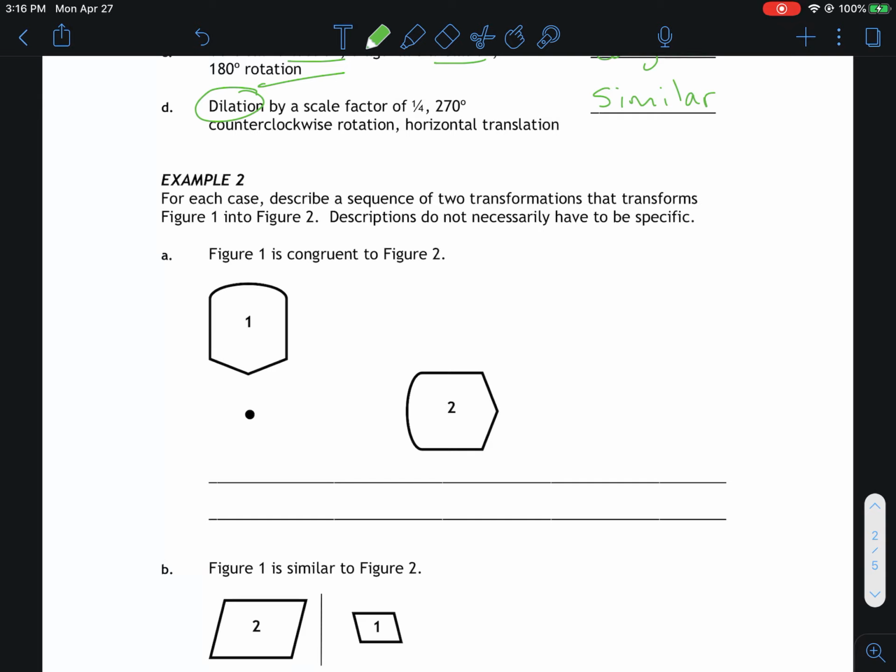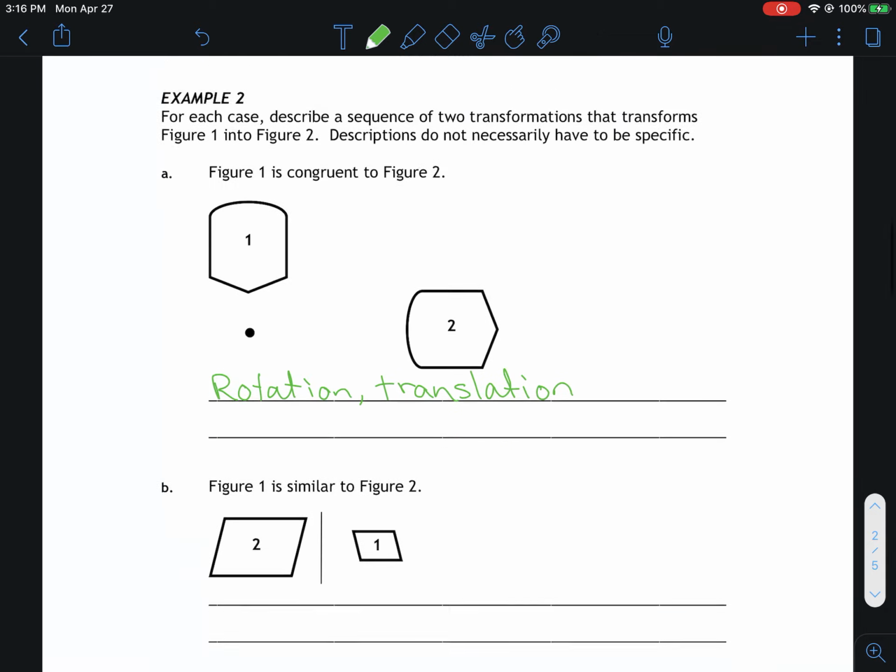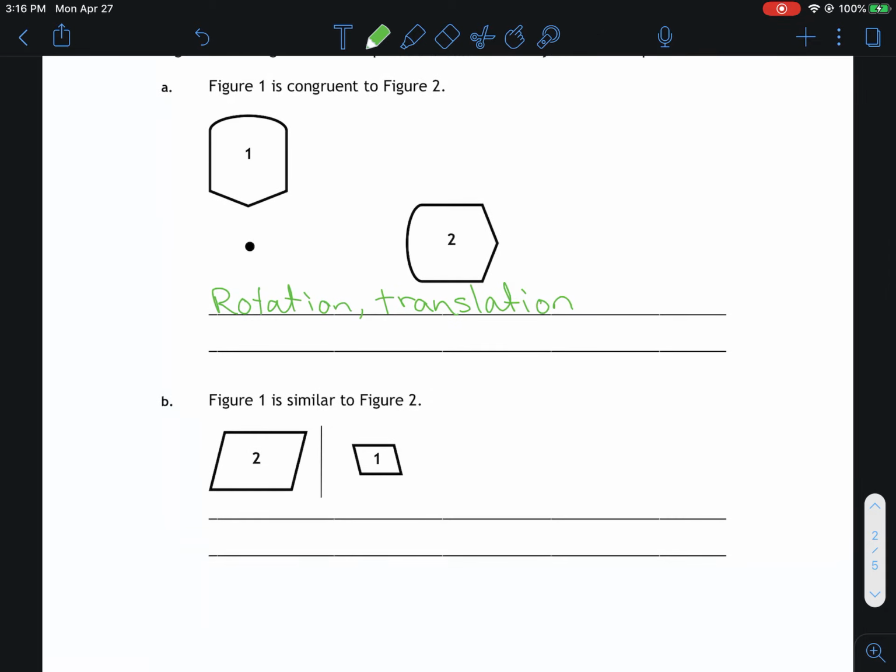All right, so when we're looking here at figure A, or example 2, letter A, we have figure 1 is congruent to figure 2. So what happens is that it rotated 90 degrees and it also had a slide of some kind. So rotation and a translation, because the translation is the same as a slide.